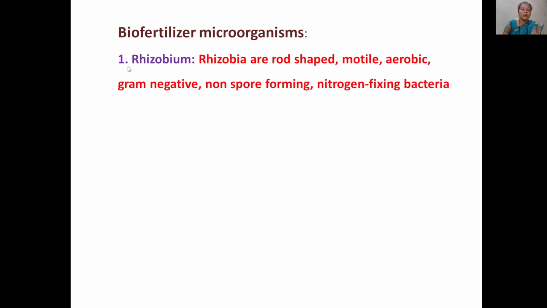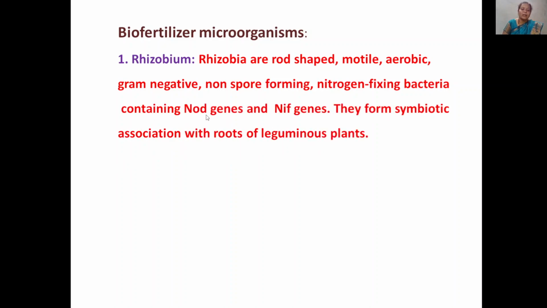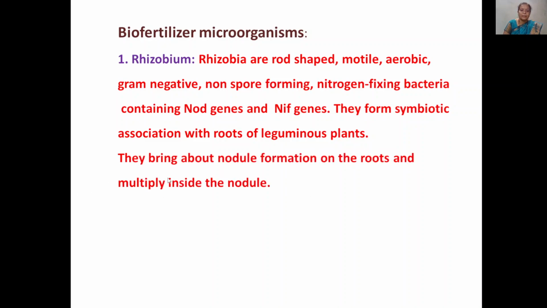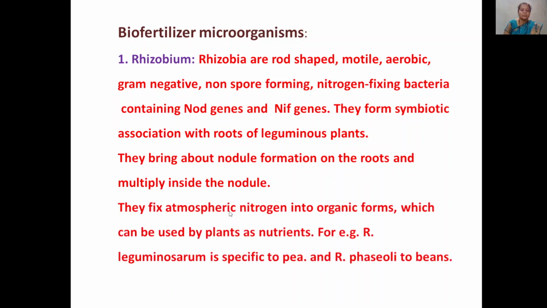First microorganism is Rhizobium. Rhizobia are rod-shaped, motile, aerobic, gram-negative, non-spore-forming, nitrogen-fixing bacteria containing nod genes and nif genes. They form symbiotic association with roots of leguminous plants. They bring about nodule formation on the root and multiply inside the nodule.